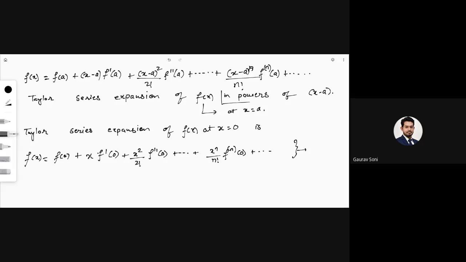You had a series of this which you memorized and used while solving limits. Those series were nothing but the Maclaurin series. Maclaurin series is the expansion of a function f of x at x is equal to 0. Anyway, we are going to come to it after we complete the Taylor series.